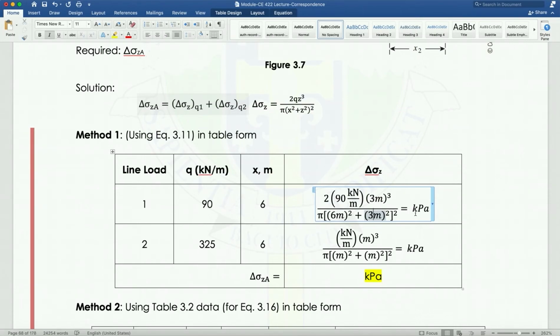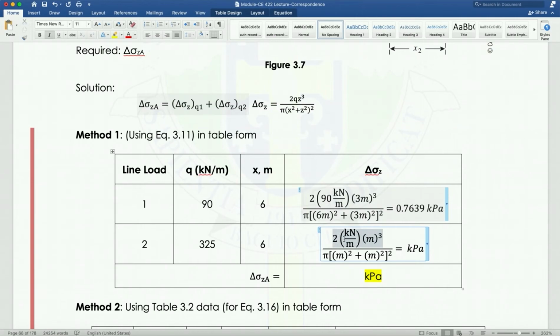So 2 times 90 times 3 raised to the third power divided by pi times we have 6 squared plus 3 squared raised to the second power, and that is equivalent to 0.7639 kilopascals.